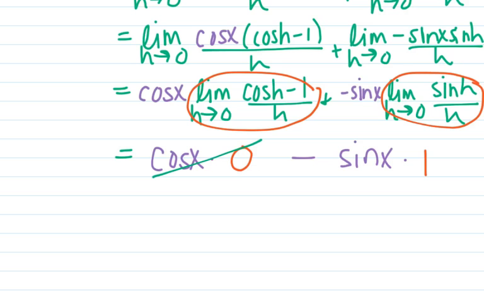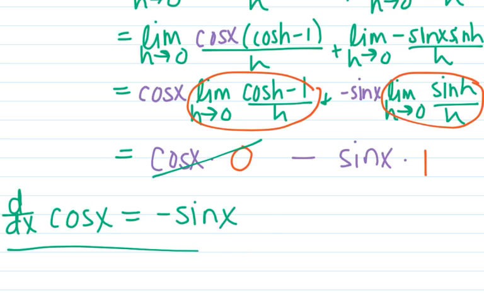So of course that goes away, and we're left with negative sine x as the derivative of cosine x. Amazing. So we'll derive the last 4 trig identities in class, but I just think it's so cool how we figure these out. It's awesome. I hope you enjoyed as well.